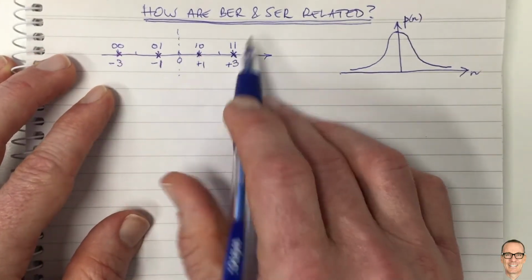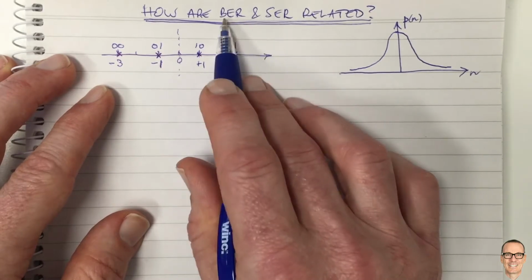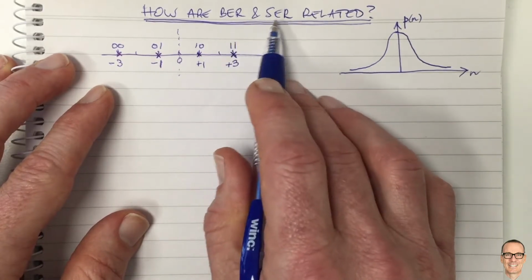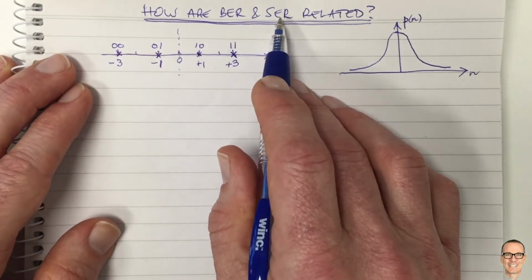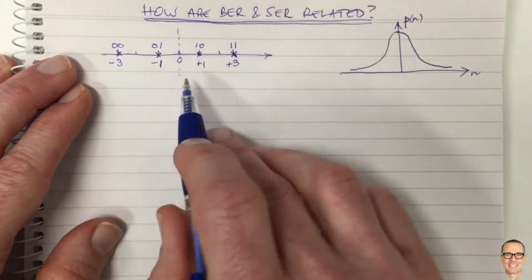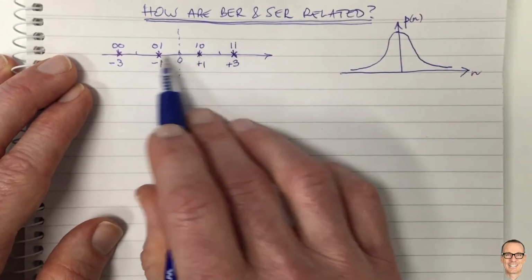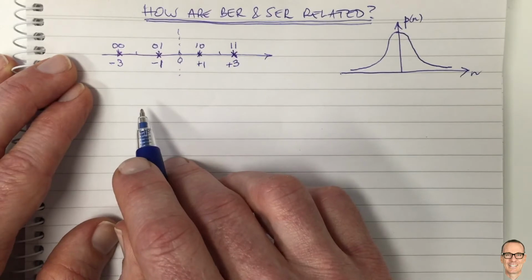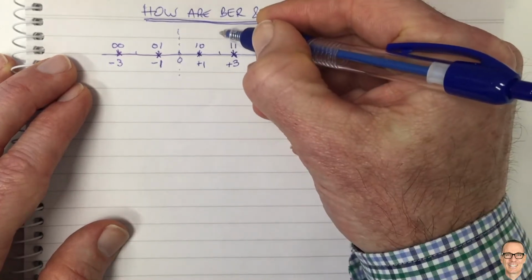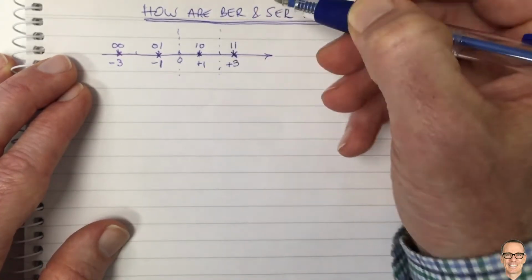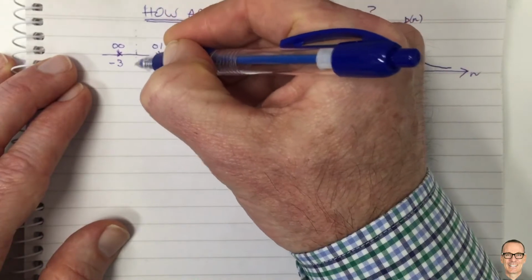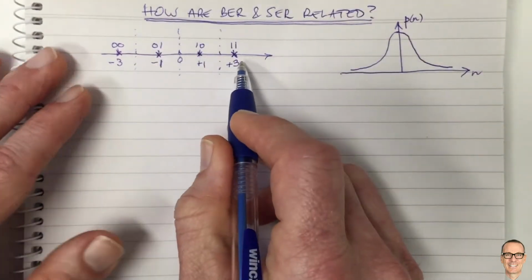So how do we work out the symbol error rate and the bit error rate? Let's think about the symbol error rate first. The symbol error rate would be if you've sent one of these symbols and you've received a different symbol. Let's say, for example, we've got decision regions between each of our symbols.